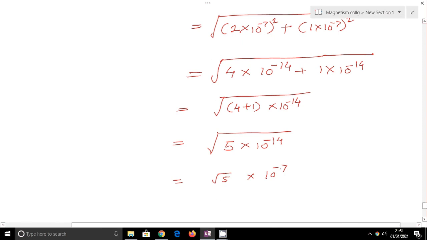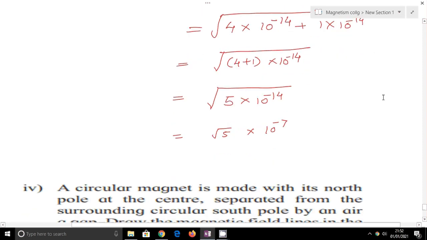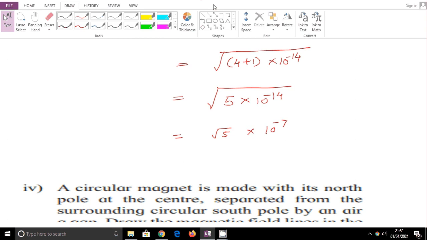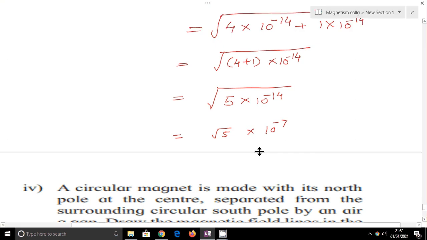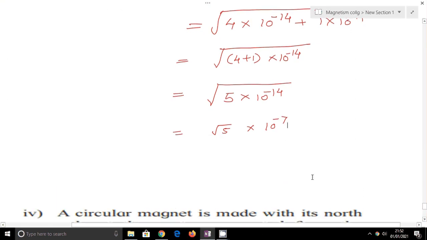So finally we get the answer here. The net magnetic field is root 5 into 10 raised to minus 7. So let's write the answer.